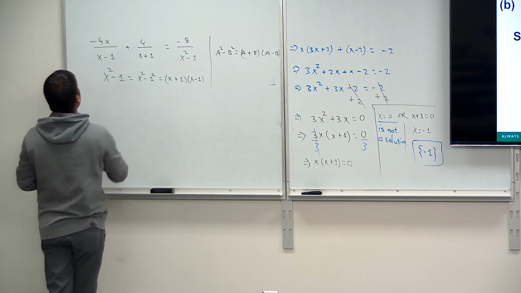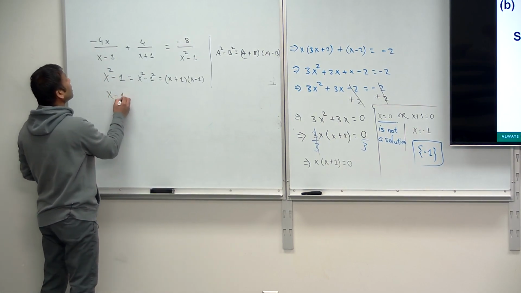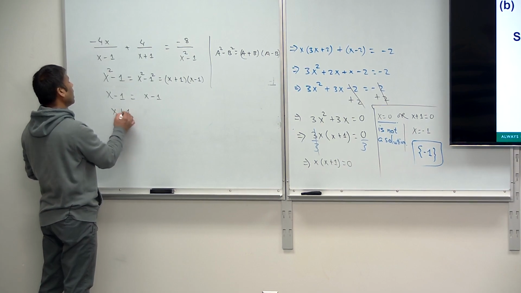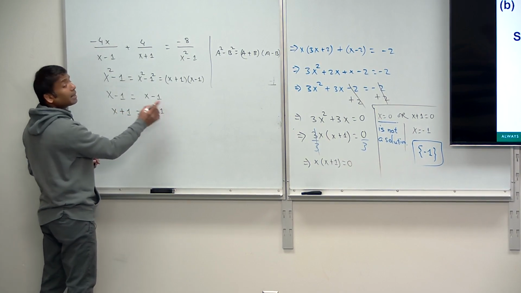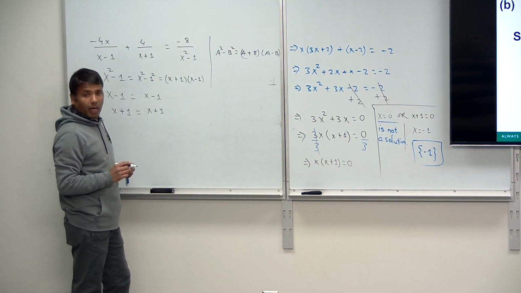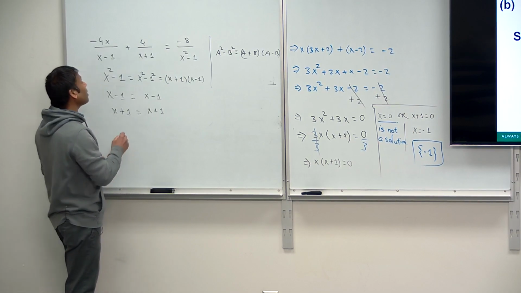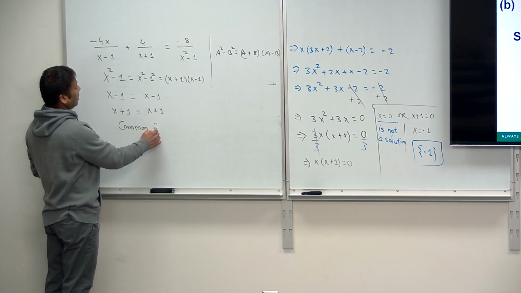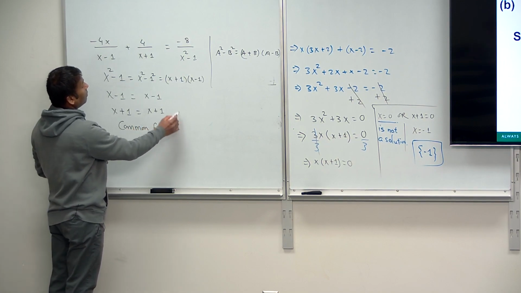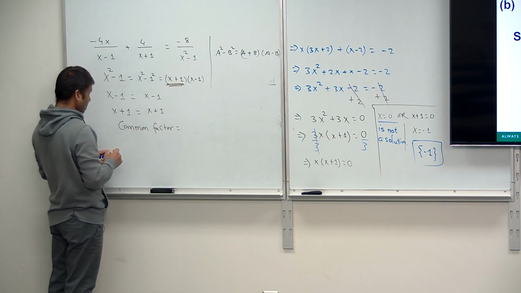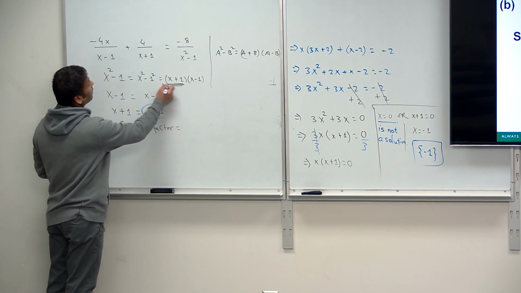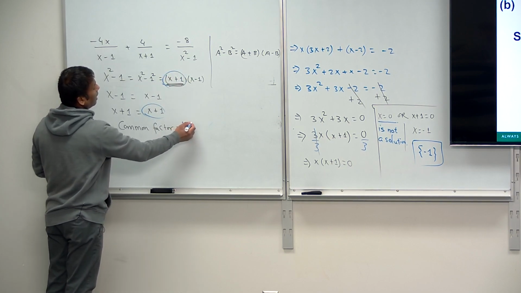Okay. And then you see the factors of x minus 1 is x minus 1 itself, and the factors of x plus 1 is x plus 1 itself, right? Did you get it? And now you find out the common factors. So what are the common factors? You see x plus 1 here, and x plus 1 here. So you can factor out x plus 1.